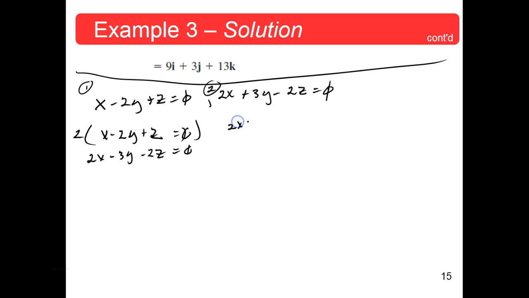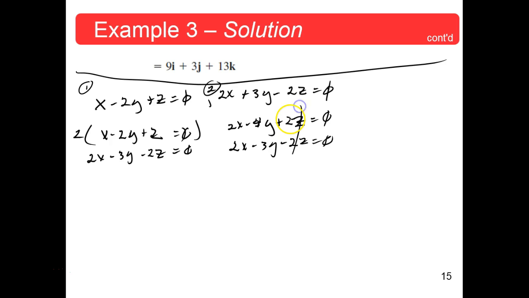So you have 2x minus 4y, don't make mistakes, okay, plus 2z is equal to 0, and 2x minus 3y minus 2z is equal to 0.